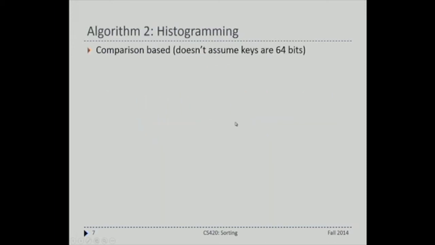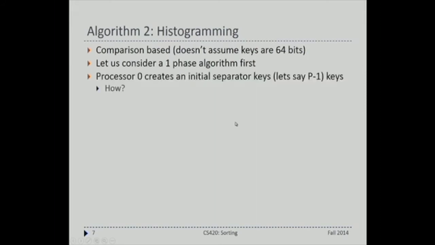The idea of a histogramming sort: it doesn't look inside of the key, it is only comparison based. The basic idea is, let's just think about one phase. We're not going to consider the 2 phase. Forget all the previous algorithms, and just say, I have this bunch of keys. Where should this key and its data go? What does it depend on? Well, it depends on if you can somehow find separator keys: when the data is fully sorted, what is the separator between processor I and processor I plus 1?